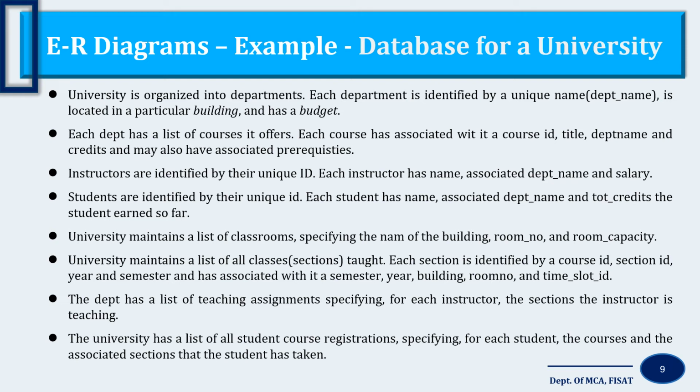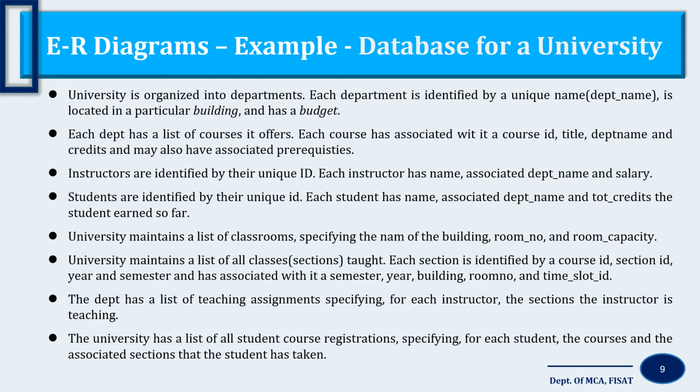The associated department name is a key that refers to the entity department. That means it is a foreign key, right? So we have to get an idea about that also. Which attribute can be a foreign key, which attribute can be taken as a primary key, all that has to be identified from the scenario itself.